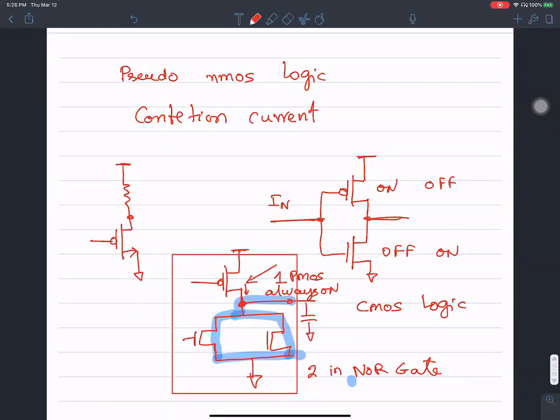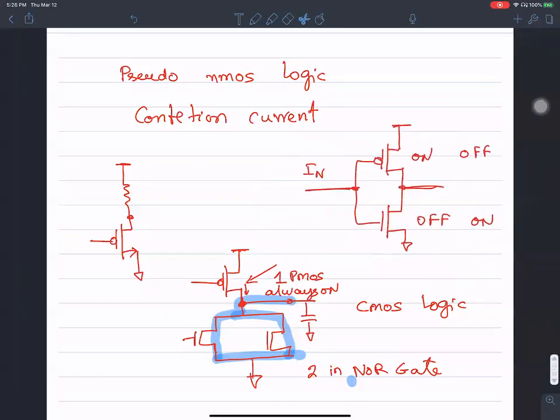So the idea is, contention current is relevant in situations where both the PMOS and NMOS are on simultaneously, and so the NMOS transistor has to contend with the PMOS in charging. So this is pseudo NMOS logic.